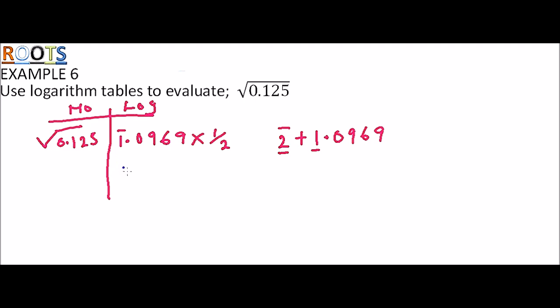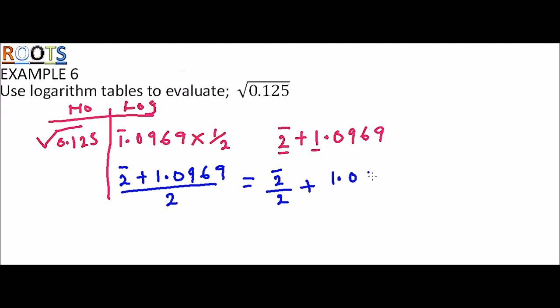So we now have bar 2 plus 1.0969, divided by 2. So when you divide bar 2, we write bar 2 divided by 2 plus, we separate the fraction, 1.0969 divided by 2.